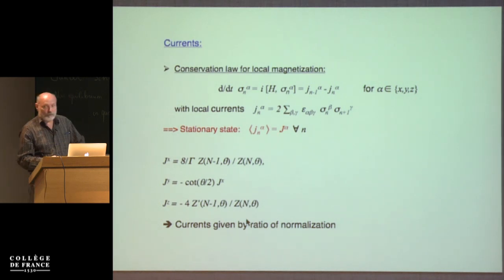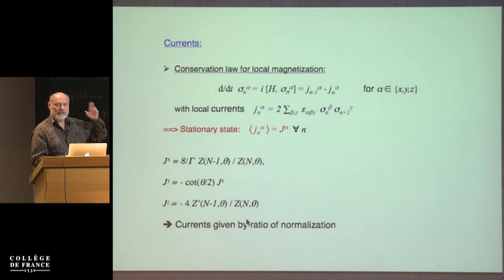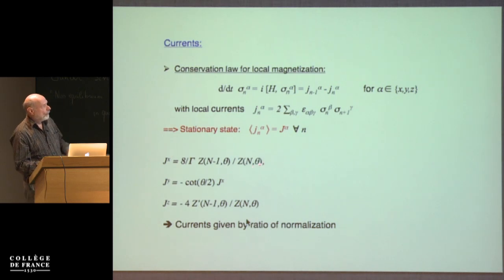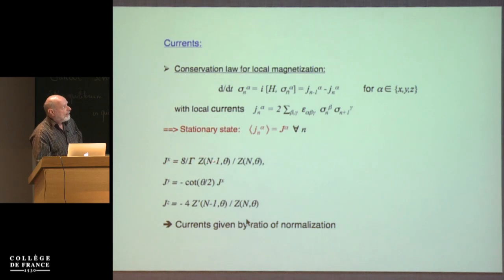Now, what comes out from the matrix product ansatz is the following. These are exact expressions. Z of n and theta, and this is the coupling constant. And I have omitted the strength of the Lindblad coupling, which I don't want to talk about very much here. So the X current is the ratio of the 2 normalization factors for n minus 1 sites and n sites times 8 over gamma times the coupling strength. Then the Y current is just minus the cotangent of theta over 2 times the X current.